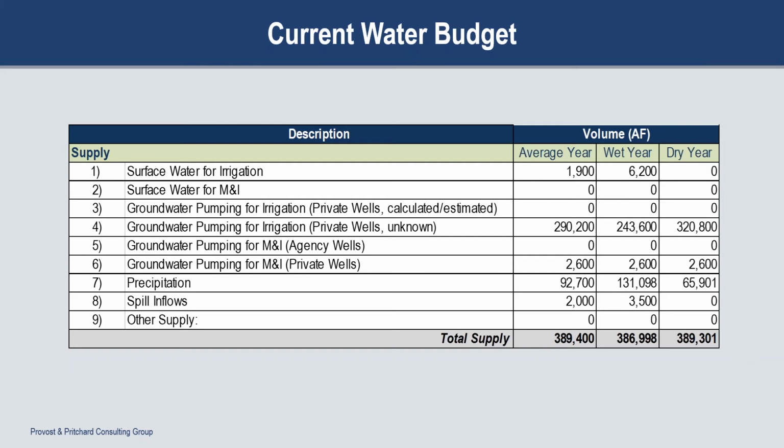And there's also precipitation, how much rainfall is in the area, of 92,700 feet. And there's lots of line items. I'm just going to hit the highlights. If you have questions, we can go over it after I've gone through the water budget. We also have 2,000 acre feet of spill inflows.